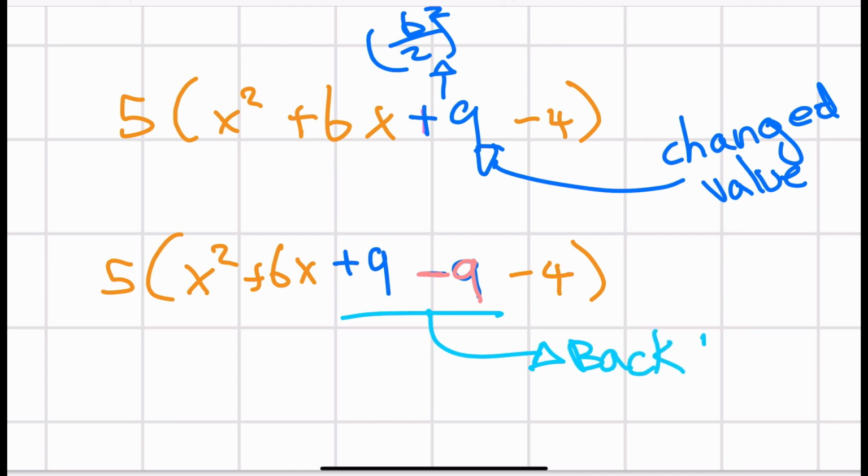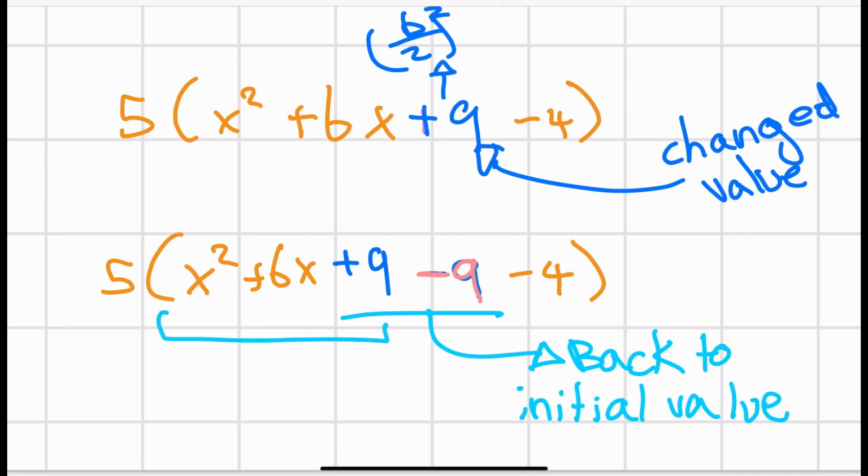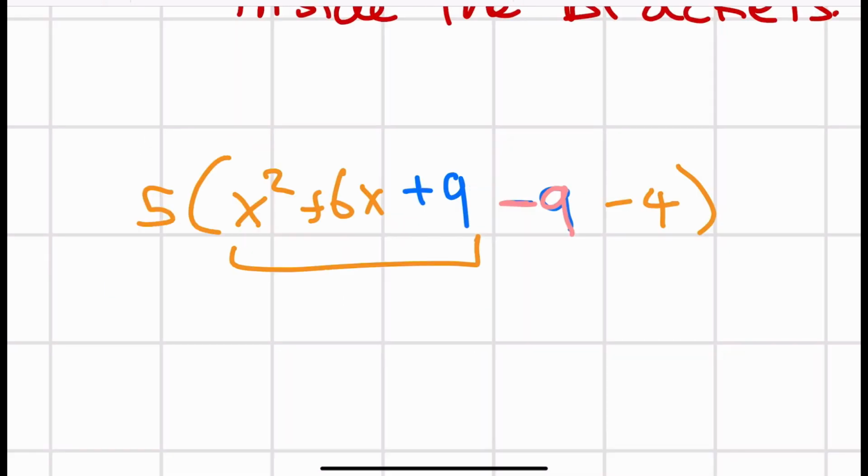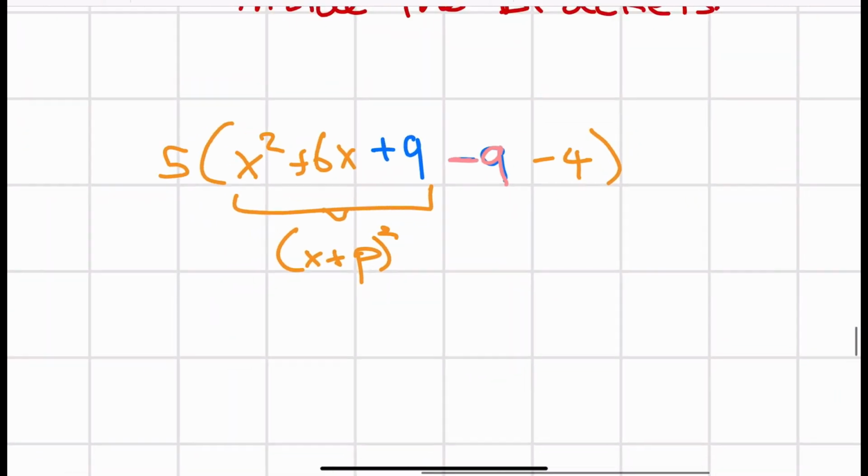So it's back to initial value. That's why it's important to add b divided by 2 squared so that we can make the perfect square. But immediately after, subtract back minus 9. We have to make our perfect square, which we still haven't done yet. So we still have not written this in the form of x plus p squared.